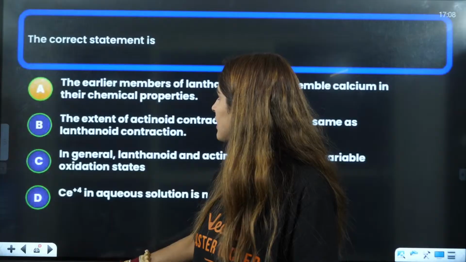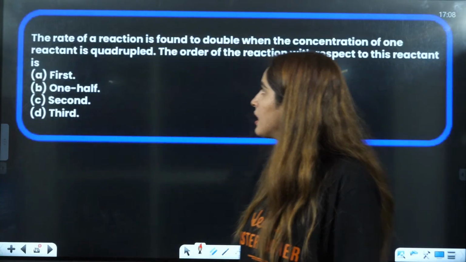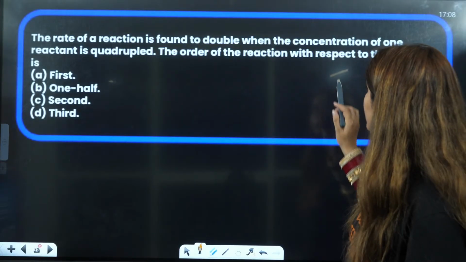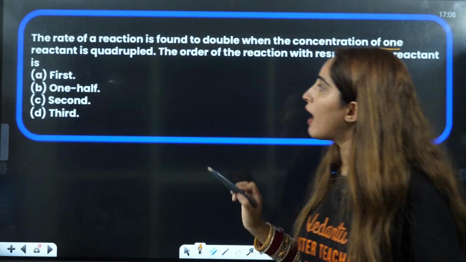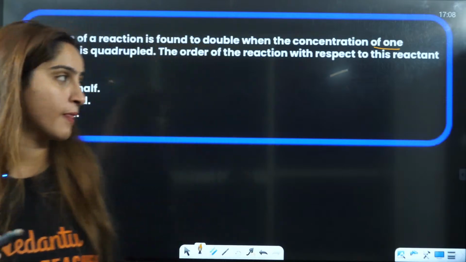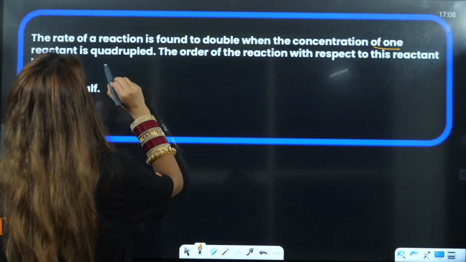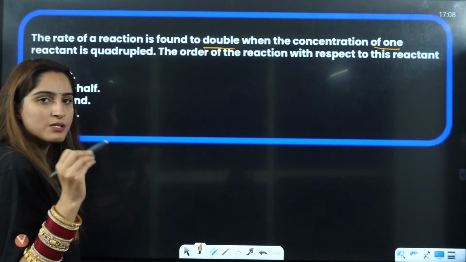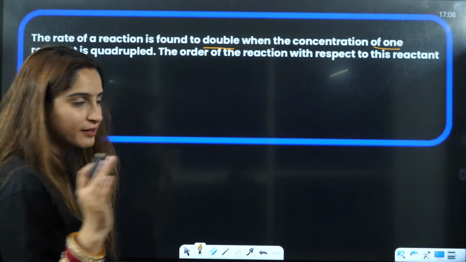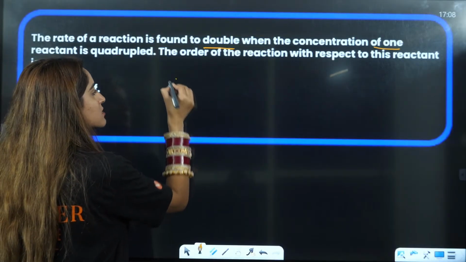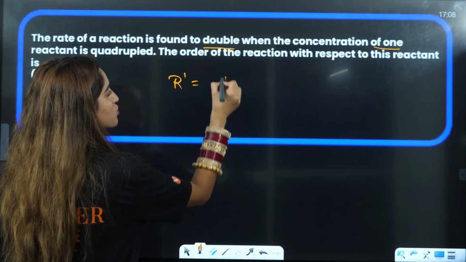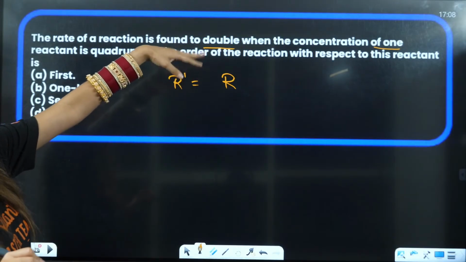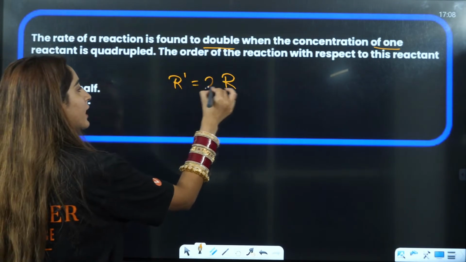Okay. Next: the rate of reaction is found to double when the concentration of one reactant quadruples. Here I have given you a simple trick to solve this question: R' equals x to the power n times R. The rate of reaction is found to double, so the rate will get double.